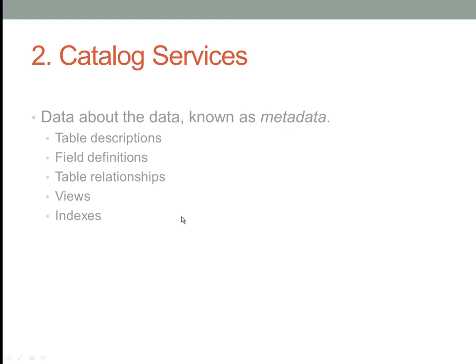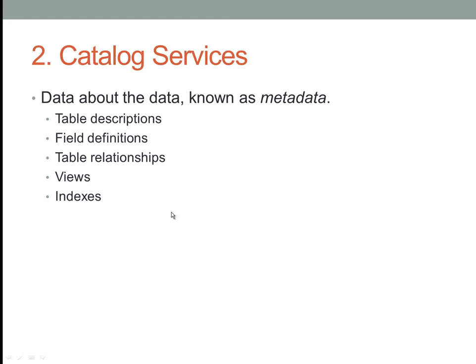The next one it talks about is catalog services. Catalog services can include a variety of things. It's basically data about the data, and it's referred to as metadata. It includes things such as the descriptions of the tables, the definitions of the fields, the relationships, how the tables are related to each other, what views we've established, what indexes we've established, and a few other items.